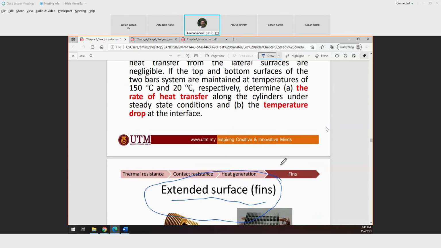Your test 1 goes until here, until thermal resistance. So that's why you need to understand all these different coordinates: Cartesian coordinate, cylinder coordinate, as well as spherical coordinate.